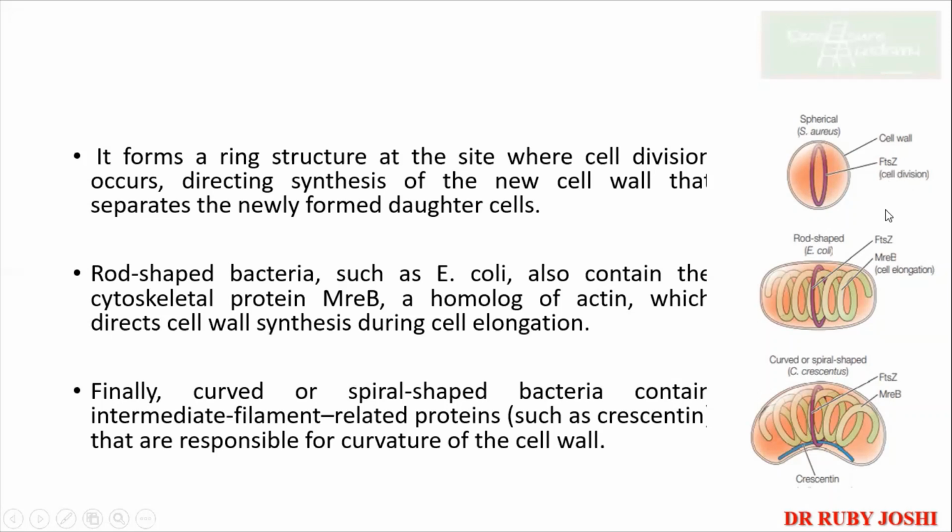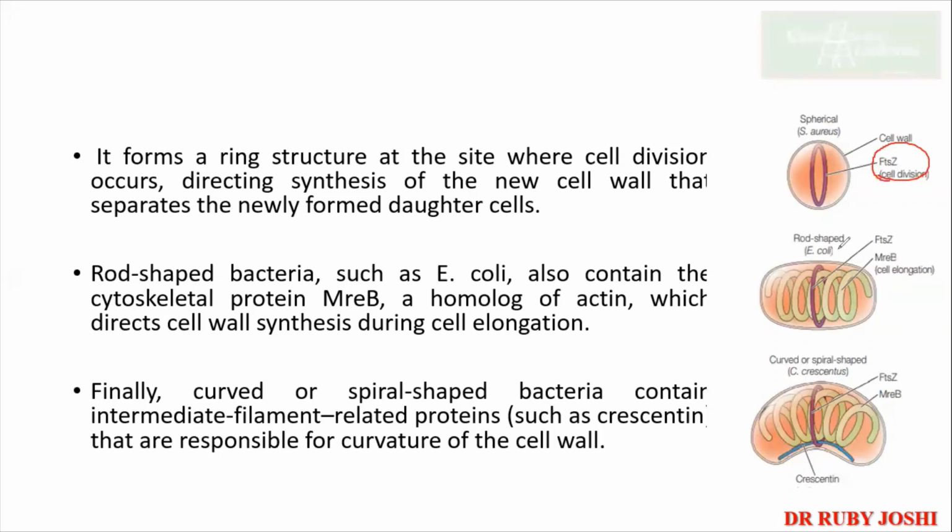Now, in the case of rod-shaped bacteria, you have another cytoskeletal protein called MreB. This is the homologue of actin. It directs the cell wall synthesis during cell elongation. So as you see, in the case of spherical bacteria, it is the presence of only FtsZ.